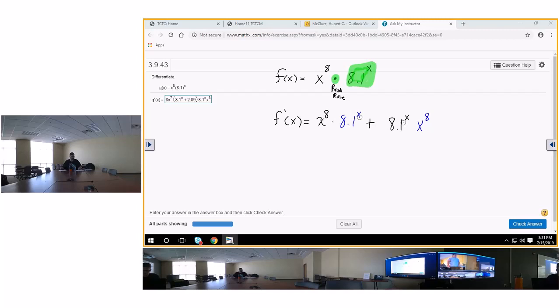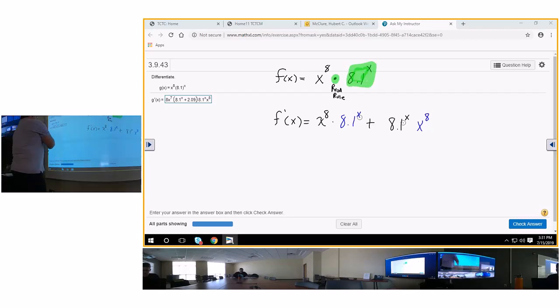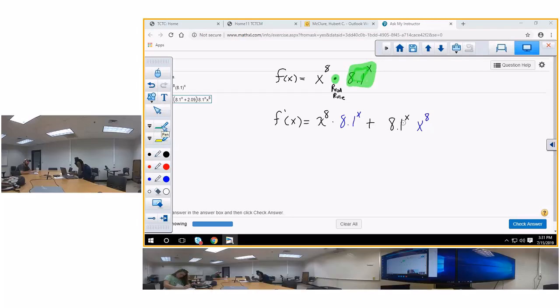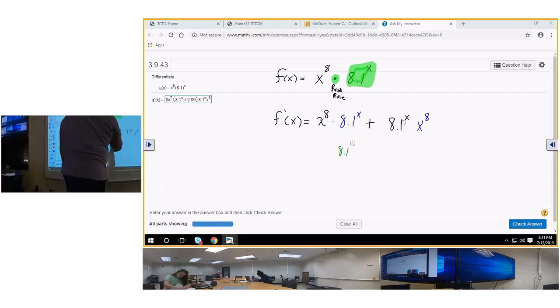All right, somebody tell me what the derivative of 8.1 to the x comes out to be. Well, it's like e to the x. That's going to be first. 8.1 to the x times what?